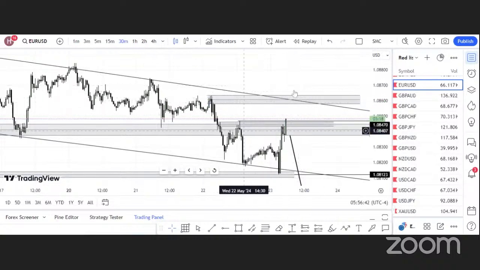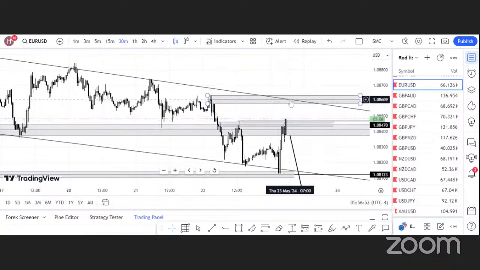Let me use this to explain. Hopefully you get this. Right now, I know I have a resistance zone here. I'm waiting for the market to get to this point, and I'm currently on the 30 minutes time frame, which means every candle here will take 30 minutes to finish printing. So right now I can leave this trade, go make analysis on another instrument because I know the candle is not getting here anytime soon.